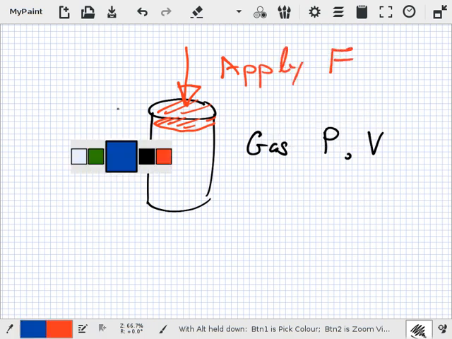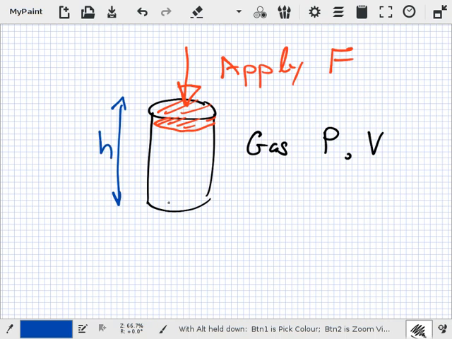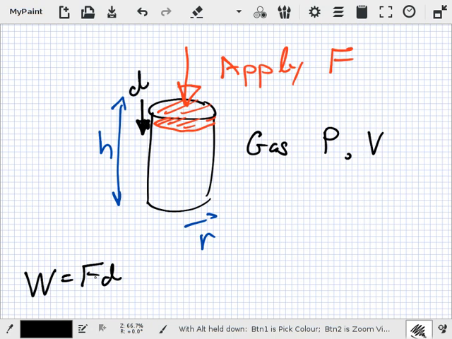And we'll say that this is a height h and a radius r, just to keep it simple. Now, work done. You know what that is from the definition. What's the formula for work? Force times distance. Okay? So we need to know a distance. So let's imagine we just push it down a small distance. I'll just call it d here. So that's F times d. Okay.